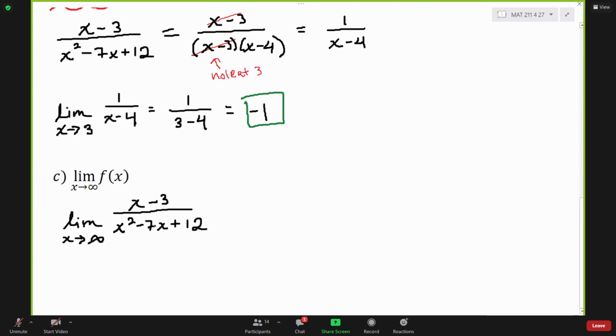So does anyone remember how we can look at this function and decide what's happening when x goes to infinity? Set the bottom equal to 0? No, that would give us the domain. It would tell us where this function is not defined.